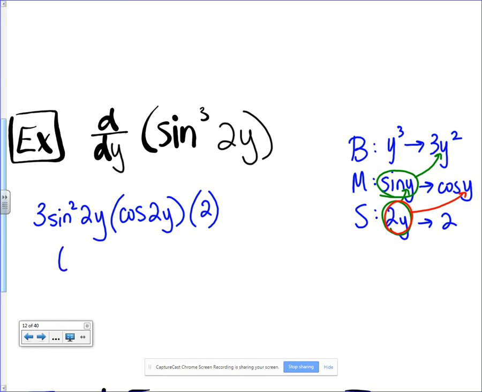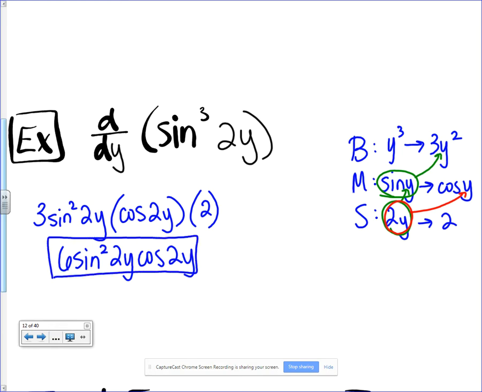So all together here, it should look something like that. The biggest mistake people make is forgetting to multiply by that small derivative at the end.